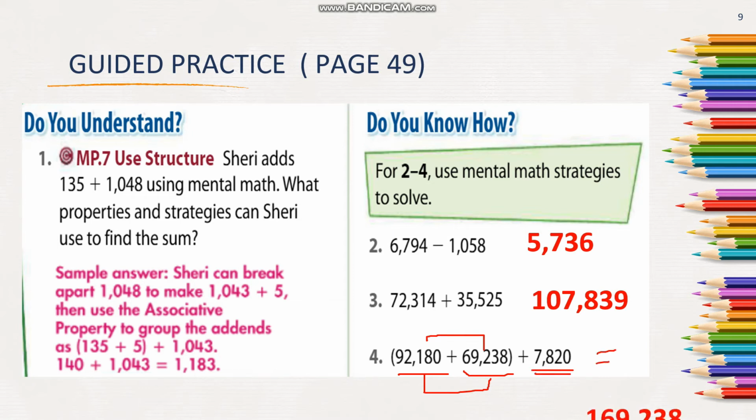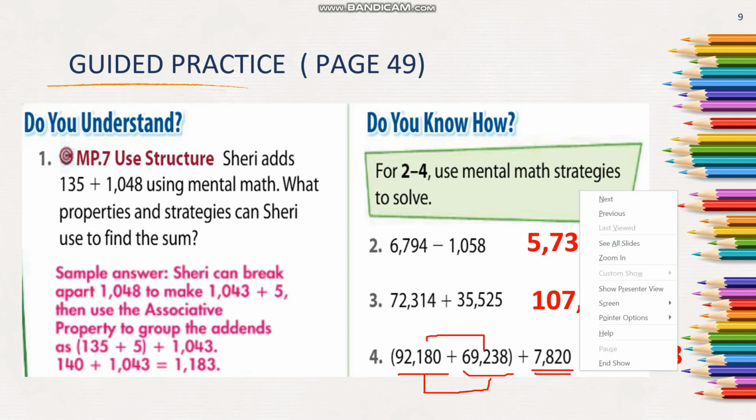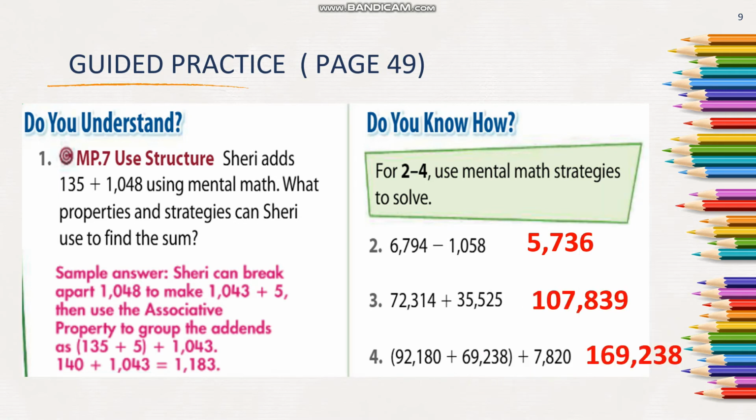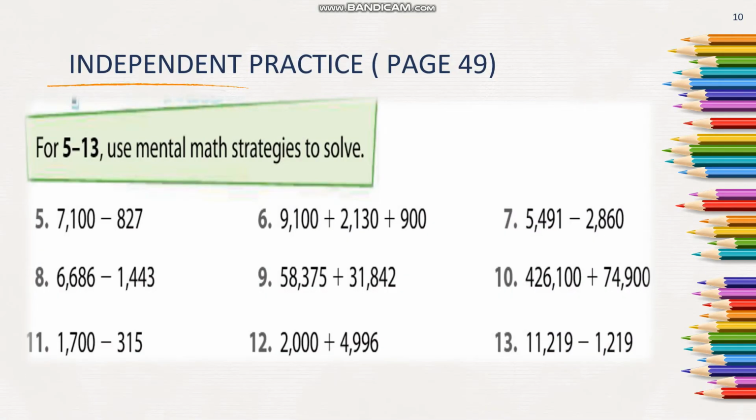And the total answer is 169,238. This is the associative property because I added first 92,180 plus 69,238. Then the answer for these two given must be added to 7,820. Then the final answer is 169,238.